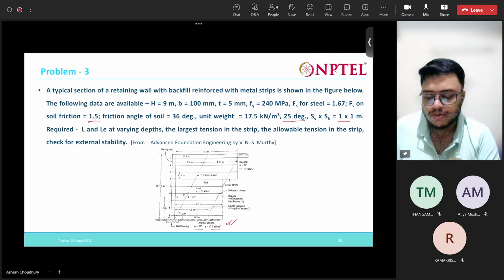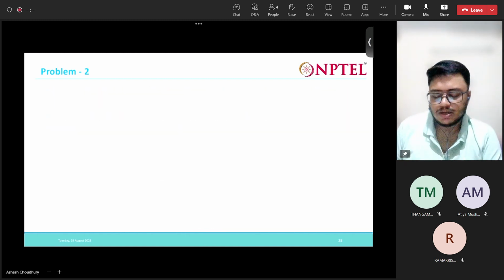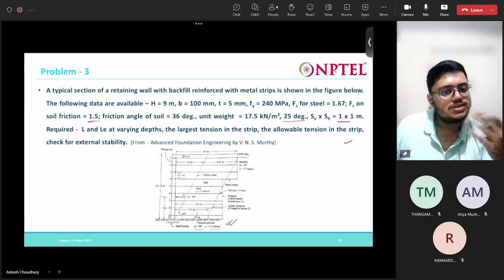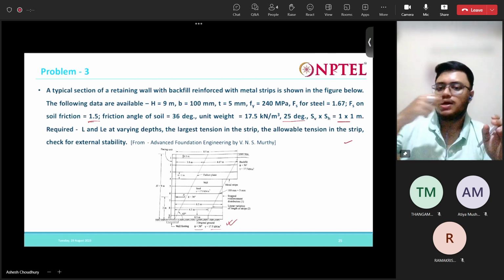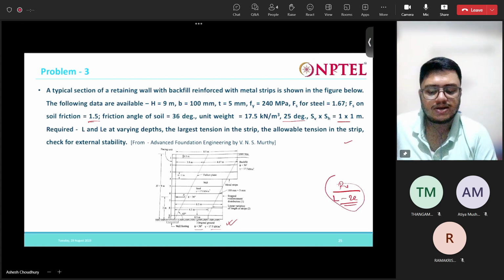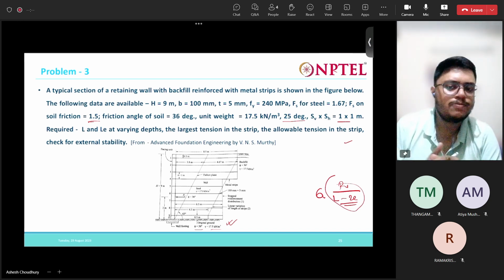You can take the question from here and solve using that method. You can consider some seismic loads also. As you can see, in the vertical load calculation, this RV, L minus 2IC, and so on, the vertical pressure was determined. But in the first problem that we solved, we did not use these things, right?